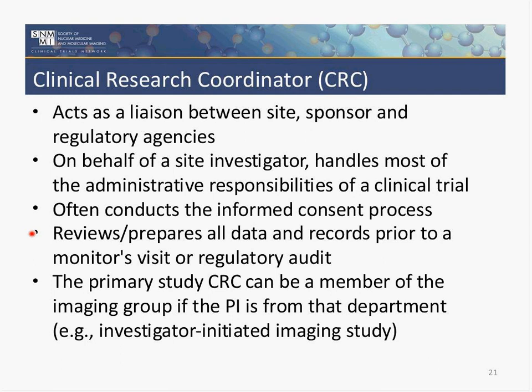Now, typically, if the study is not a medical imaging study, but is a study for another department such as neurology, the primary research coordinator is not a nuclear medicine tech or a PET tech. It's usually someone in that area who works for the principal investigator, whether an oncologist, neurologist, etc. But if a study is an imaging trial where what you are testing is a new imaging agent, the primary study coordinator can be a member of that group if the PI is from that department.